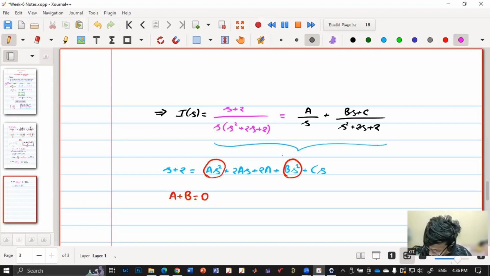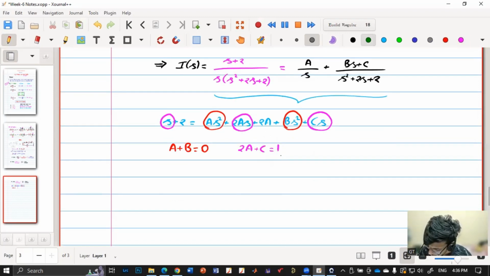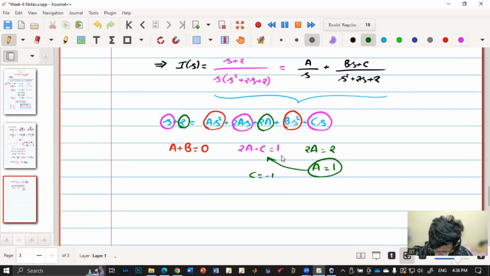Now the s term: 2a plus c is equal to 1. Now I am left with only the constant, so 2a is equal to 2, so a is equal to 1. Substituting this in the equation, you will get c is equal to minus 1.